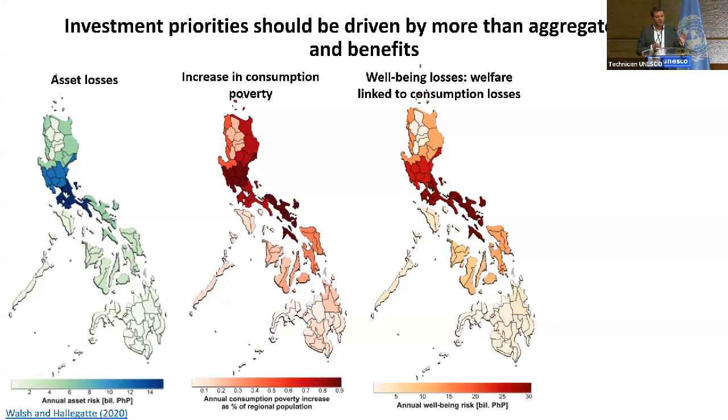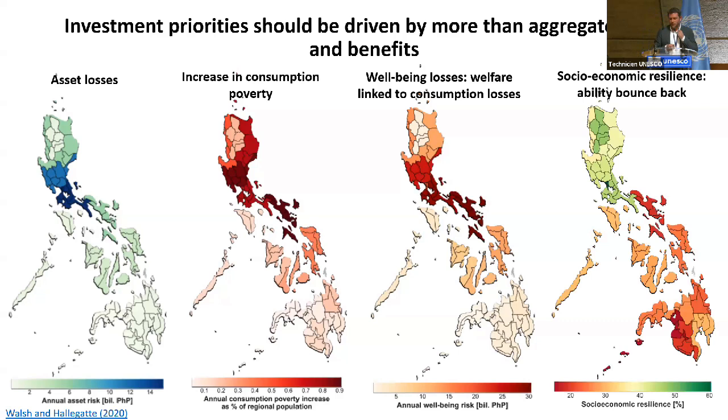And here, if you're looking at who the worst affected places or people would be, again, you start seeing a bit of a shift in the areas that you would want to protect, right? Manila is still appearing there, but it's slightly lighter red than the others, and the south is starting to become darker. And then there's another metric that we can use here, which is called the socioeconomic resilience, which is basically the asset losses divided by the well-being losses.